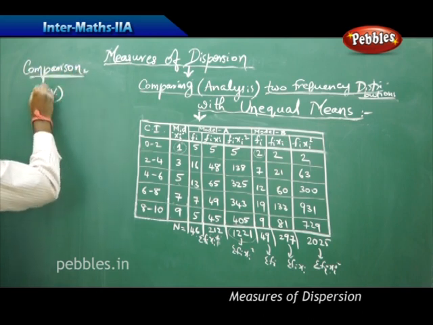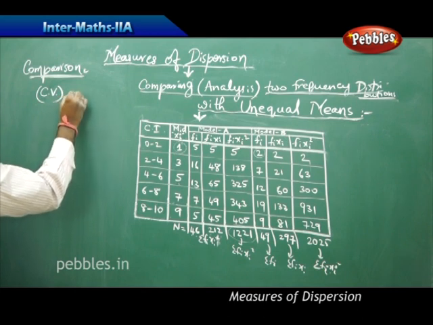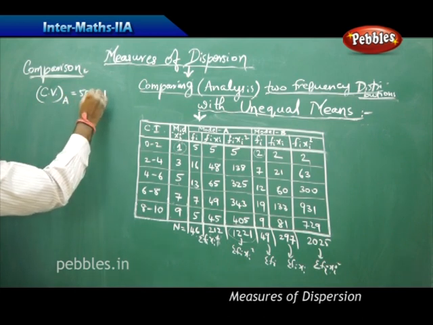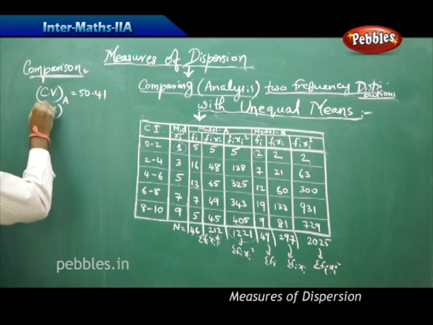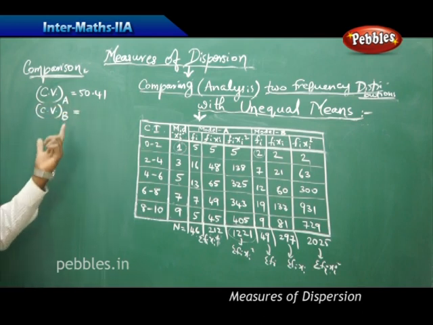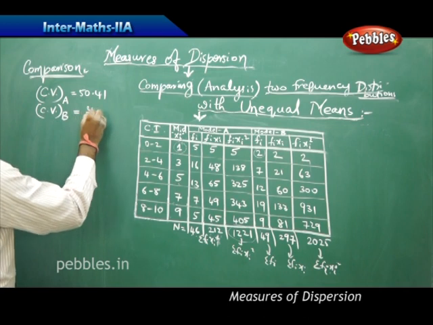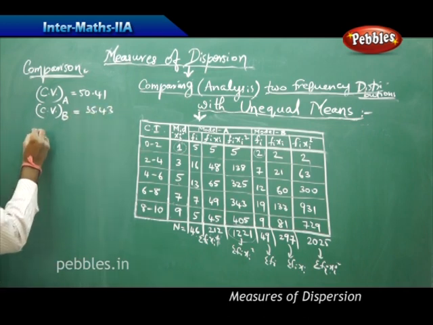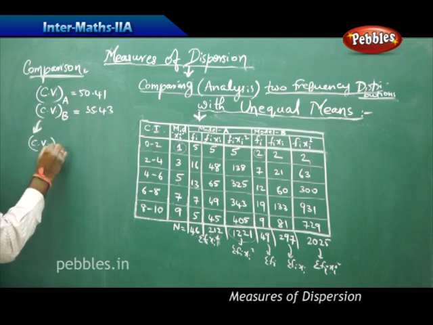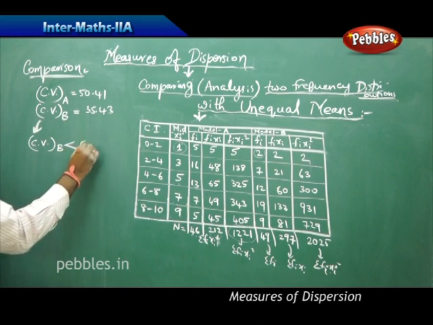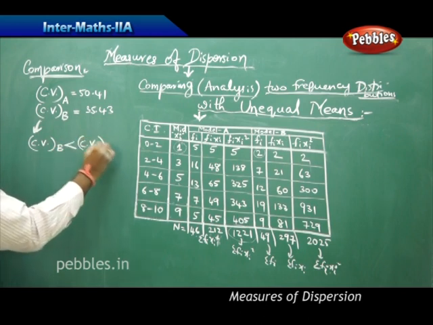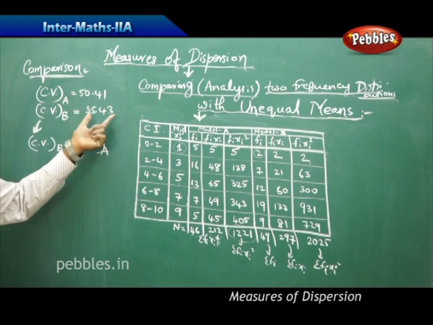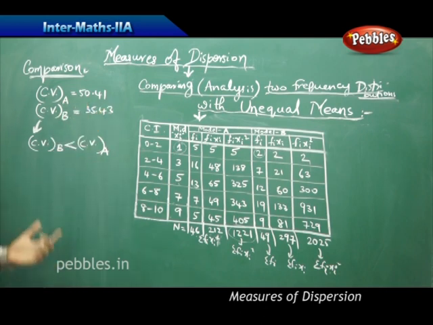The coefficient of variation of model A was 50.41, and the coefficient of variation of model B was 35.43. Here we clearly see that the coefficient of variation of model B is less than that of model A, because 35.43 is less than 50.41.